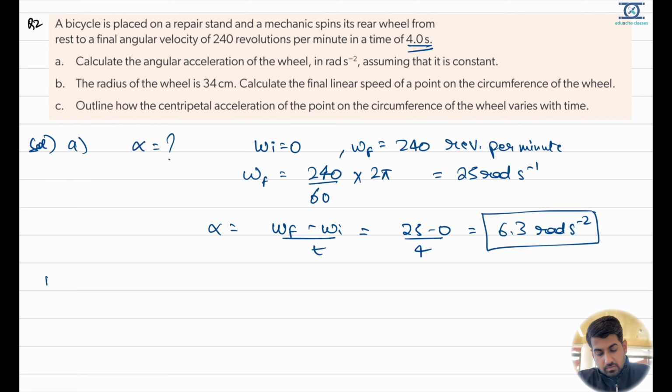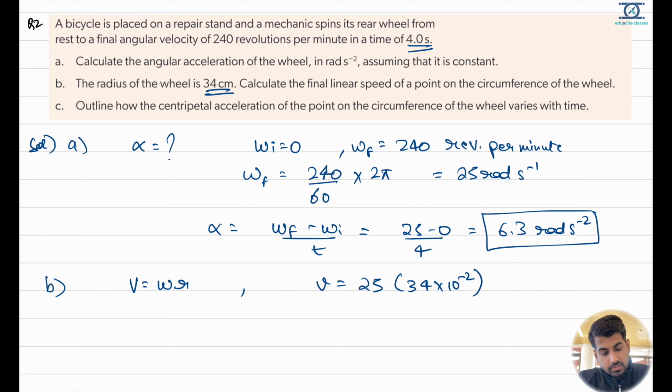Now if you look at the B part, radius of the wheel is 34 centimeter. We have to calculate the linear speed of a point on the circumference of the wheel. Now we know that v is equal to omega r, so we will use this relation. Similarly, v will be omega, as we have already calculated, which is 25, and radius is 34 into 10 raised to power minus 2.